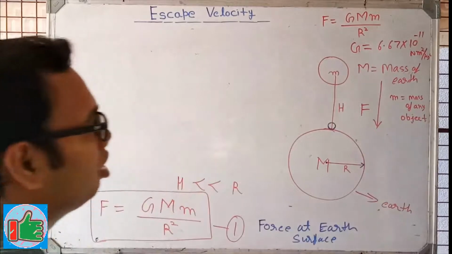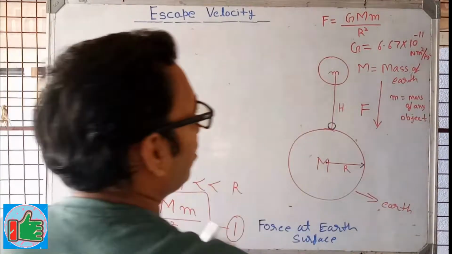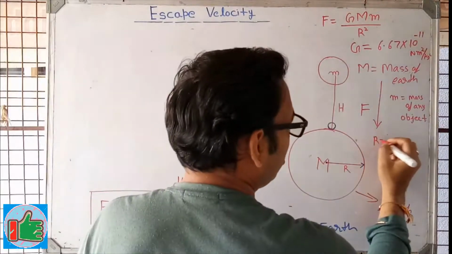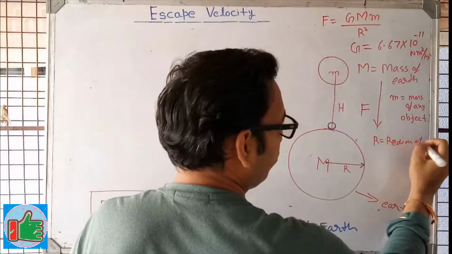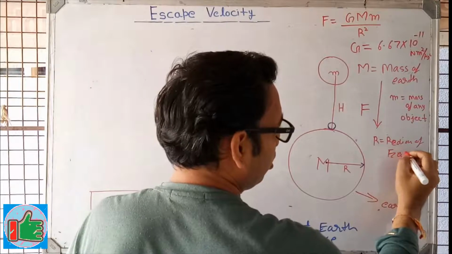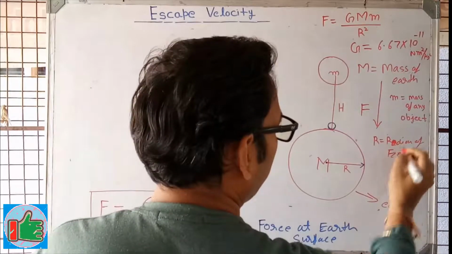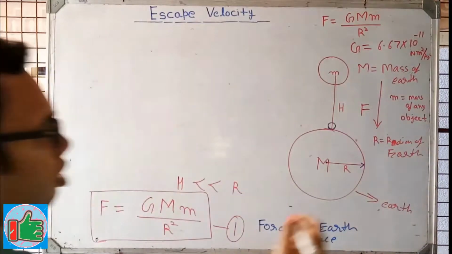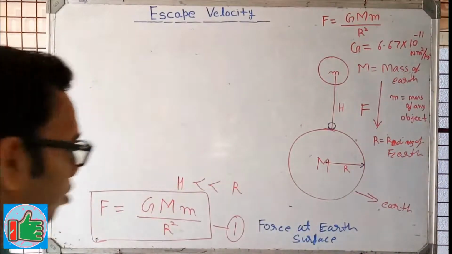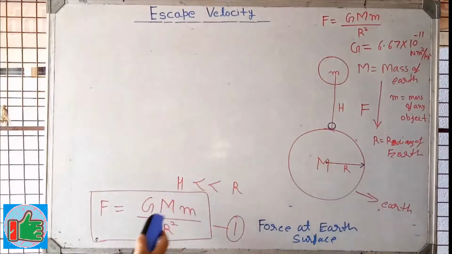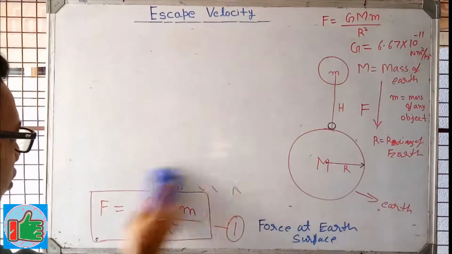And capital R is the radius of earth. So I am deleting this portion. We will take this equation 1 from there only.